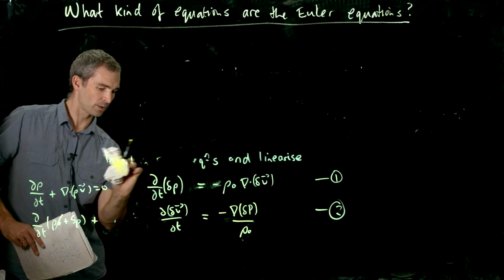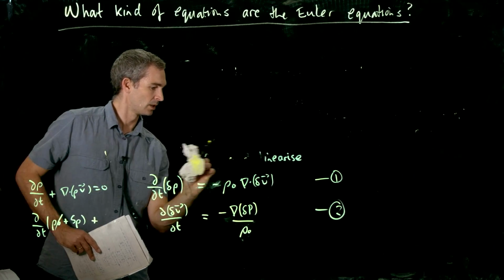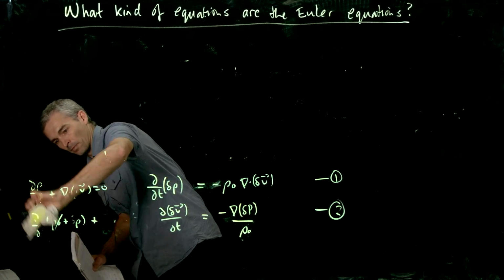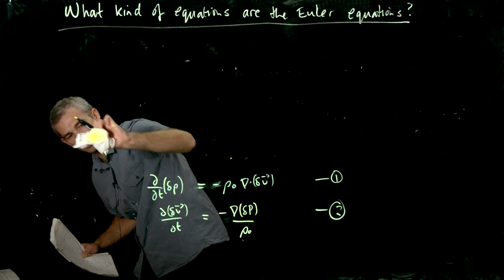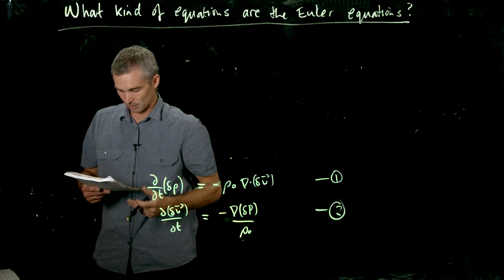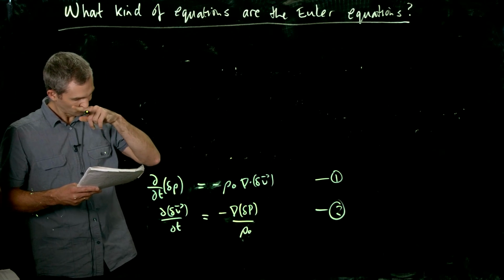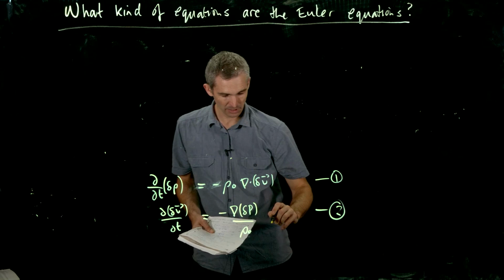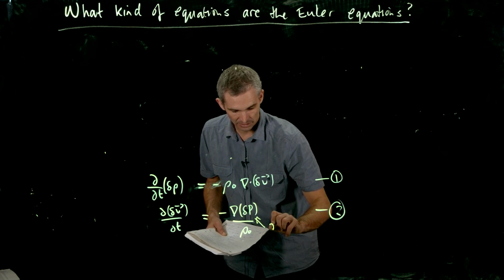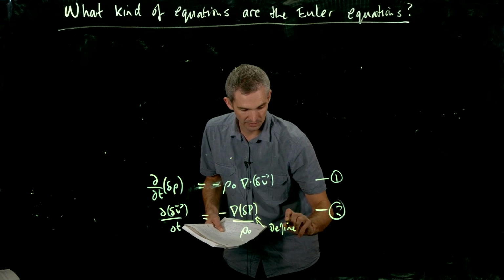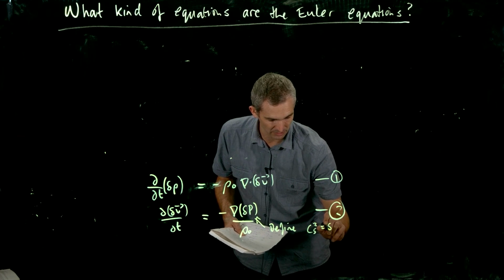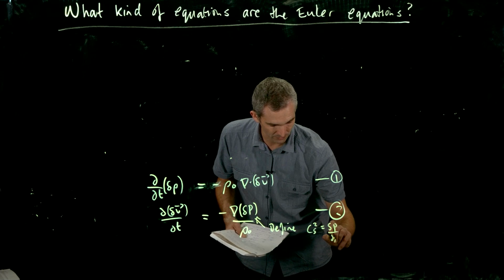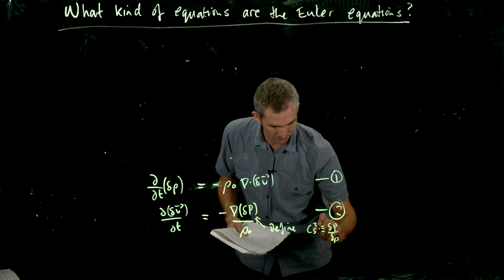So we're going to take our two equations, which are here, and we're going to try and combine them to get a solution. All right, so if you remember that we defined CS squared as delta P on delta rho, sorry.